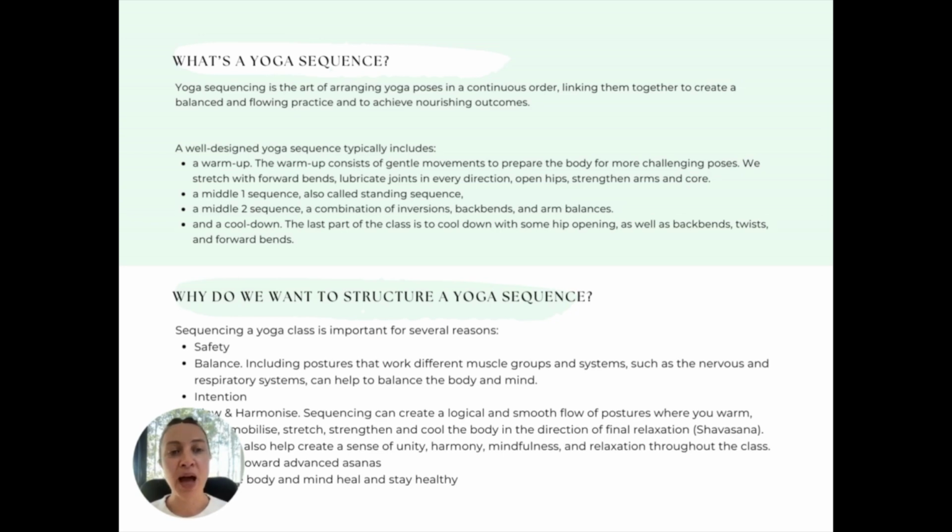Flow and harmonize: sequencing can create a logical and smooth flow of postures where you warm up, open, mobilize, strengthen, stretch, and cool down the body in the direction of final relaxation, which is Shavasana. This can also help create a sense of unity, harmony, mindfulness, and relaxation throughout the class. It also moves toward advanced asanas and helps the body and mind heal and stay healthy.